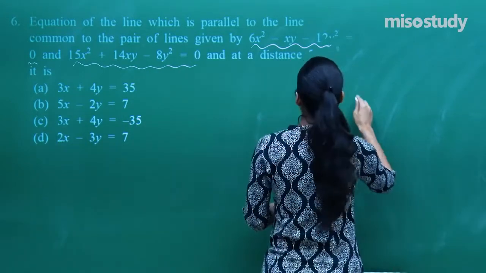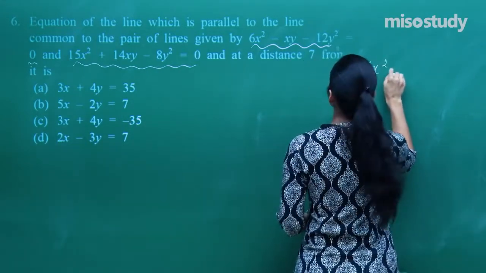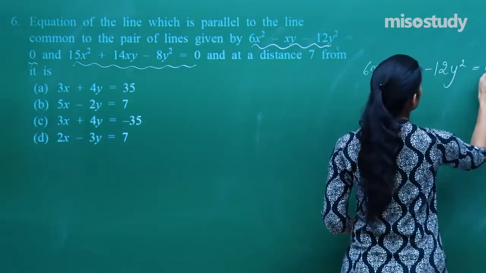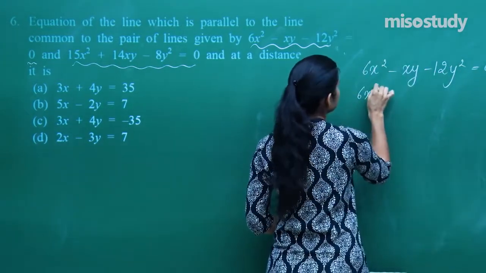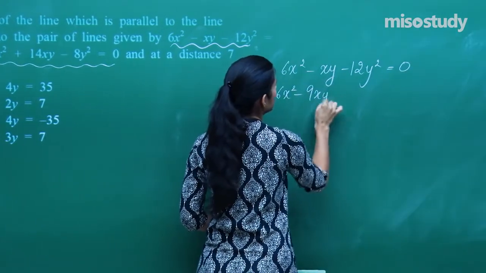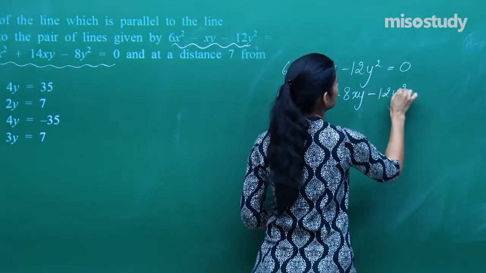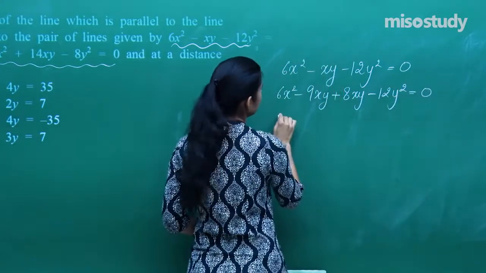Let's understand. I'm talking about 6x square minus xy minus 12y square equals 0. I can write this as 6x square minus 9xy plus 8xy minus 12y square equals 0.